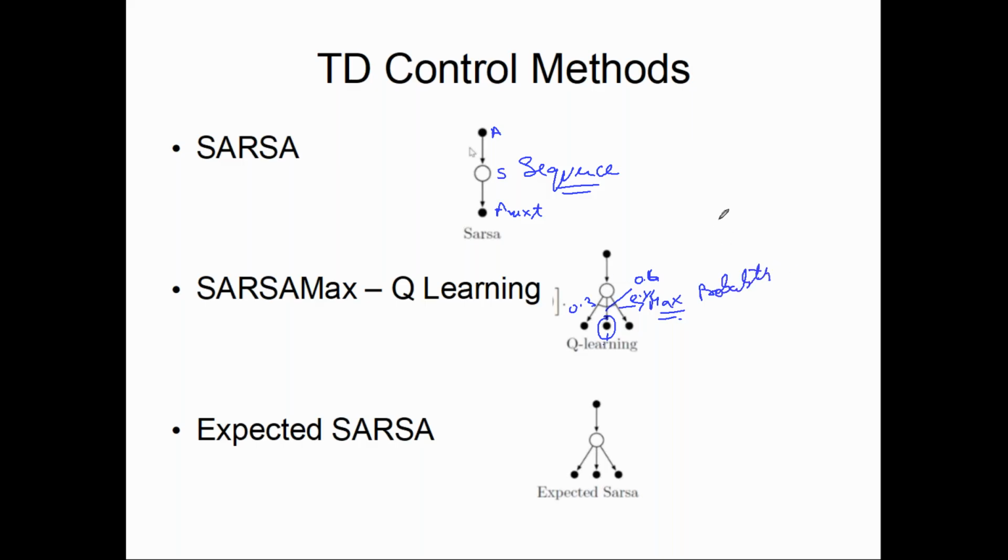As I told you, there is something called environmental probability. In all the earlier cases we never talked so much about environmental probability.